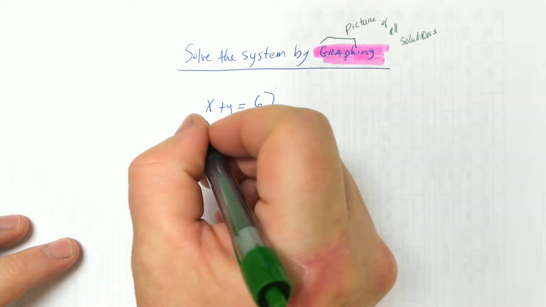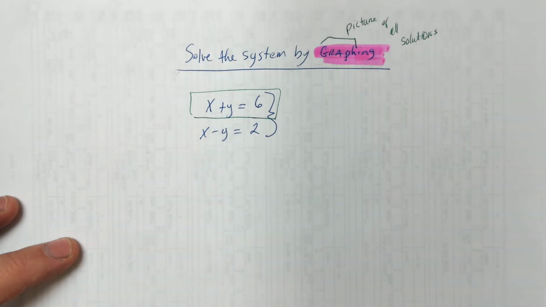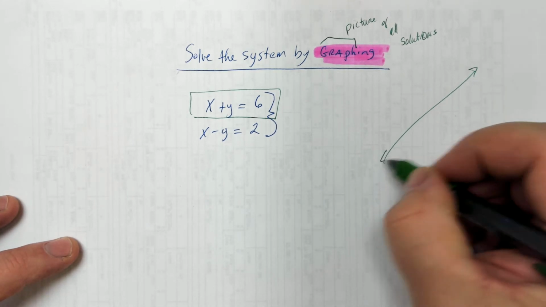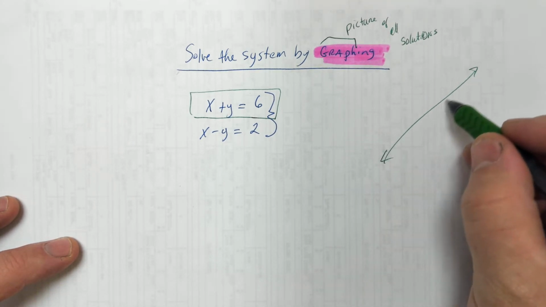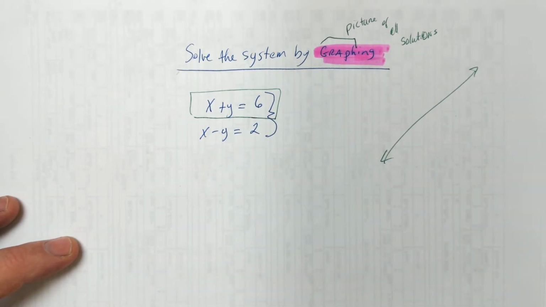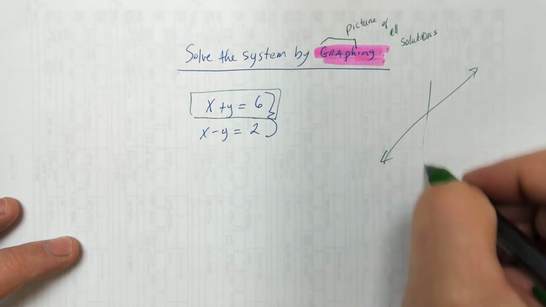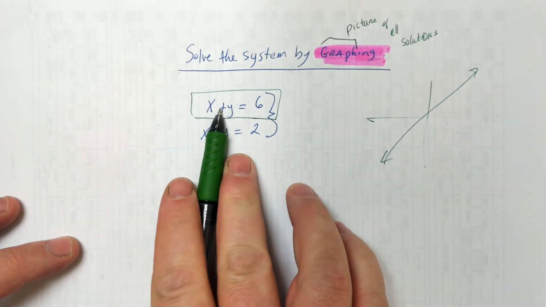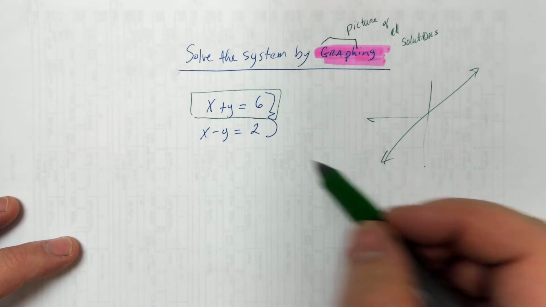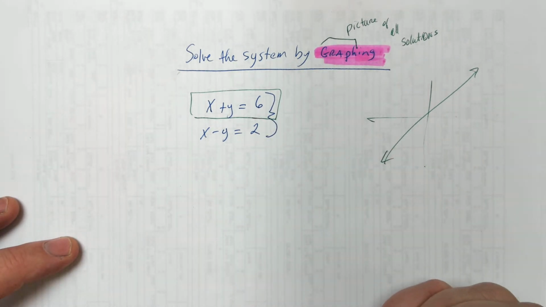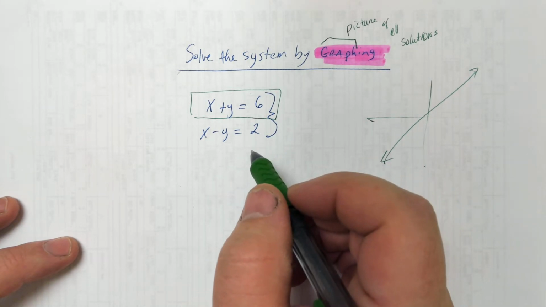When you graph this line right here, it's going to be some random line like that, and every single place on that line will be an answer. You're going to have a coordinate plane, and when you graph this first line, everywhere on that line is an answer to that equation. And the answer to the system is the answer that they share.